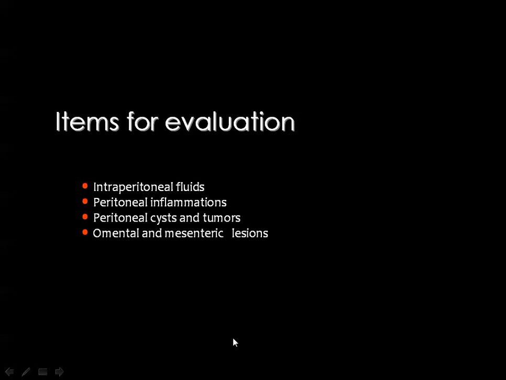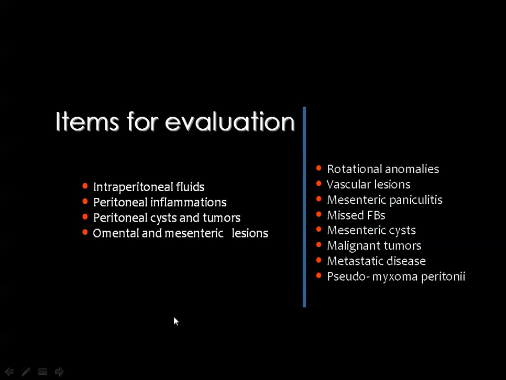Then what are the items that will be evaluated in this lecture? We are going to evaluate intraperitoneal fluids, peritoneal inflammations, peritoneal cysts and tumors. Then in the second part of my talk we will cover the issue of omental and mesenteric lesions, which will include the rotational anomalies, vascular lesions, mesenteric panniculitis, missed foreign bodies, mesenteric cysts, malignant tumors, metastatic disease, and finally the issue of pseudomyxoma peritonei.